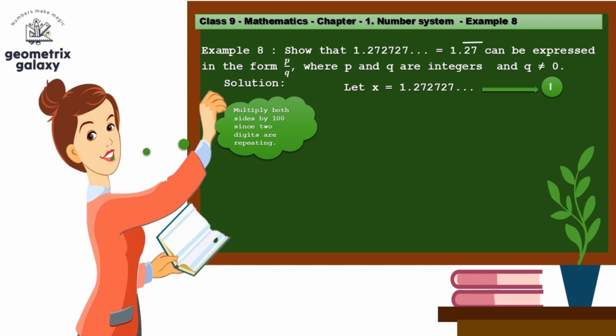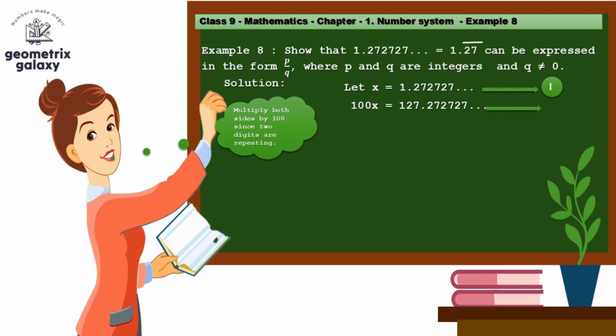But you should have a question, why are we multiplying this equation by 100? This is because we have 2 digits repeating, 2 and 7. In the previous question only 1 digit was repeating. Here there are 2 digits repeating. So this becomes 100x is equal to 127.272727 etc. If you see the decimal part, in both cases it is the same.